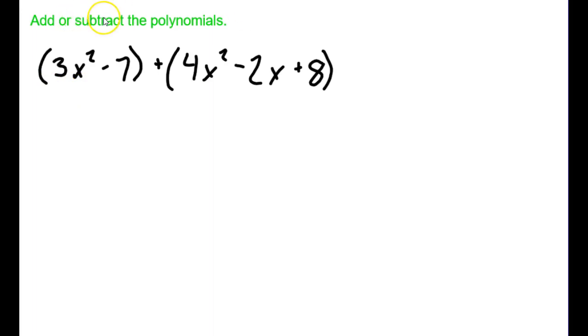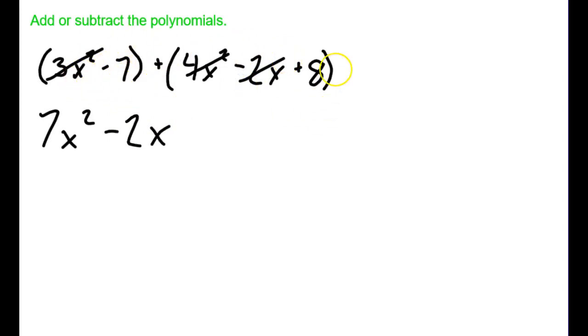So I'm taking 3x squared plus 4x squared to get 7x squared. I want to go in descending order. I want to find, is there any x terms? In my first polynomial, there's no x terms, but in my second one, there is. So now we have minus 2x. Now we go back to our constants.